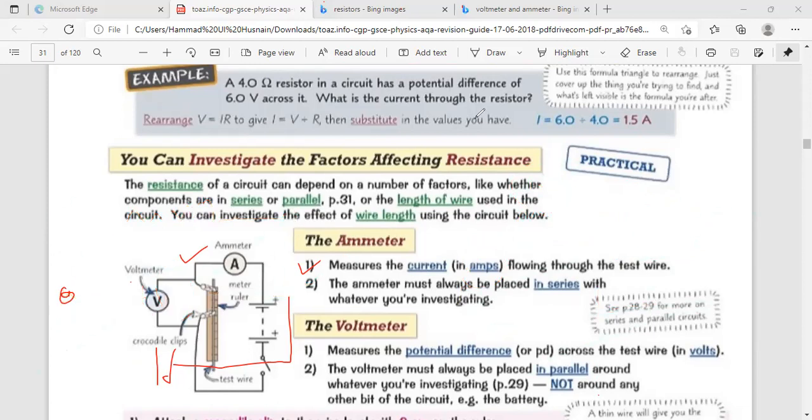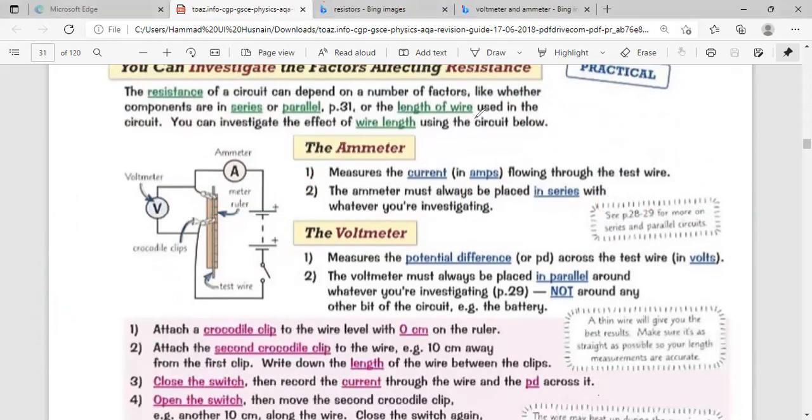Moving forward, we can see what is written over here in your notes about the voltmeter. What does it do? A voltmeter measures the potential difference across the test wire, and the unit of potential difference is volts, of course, as I have told you. The voltmeter must always be placed in parallel around whatever you are investigating, right?